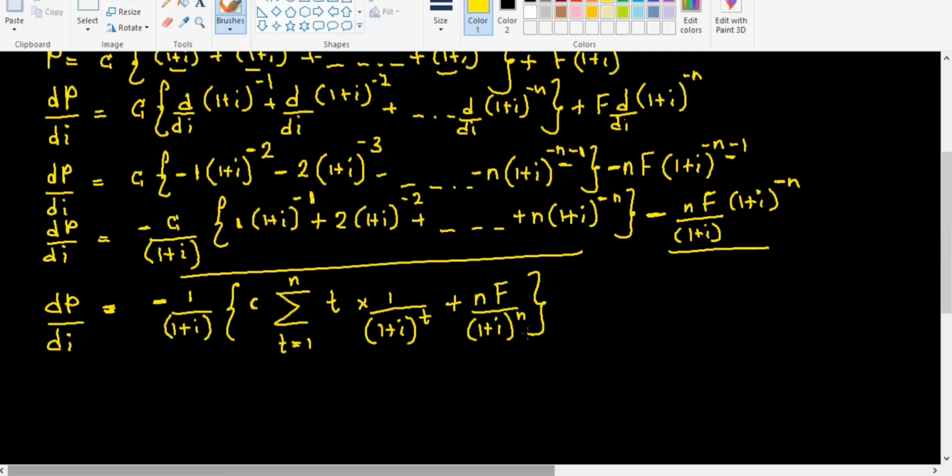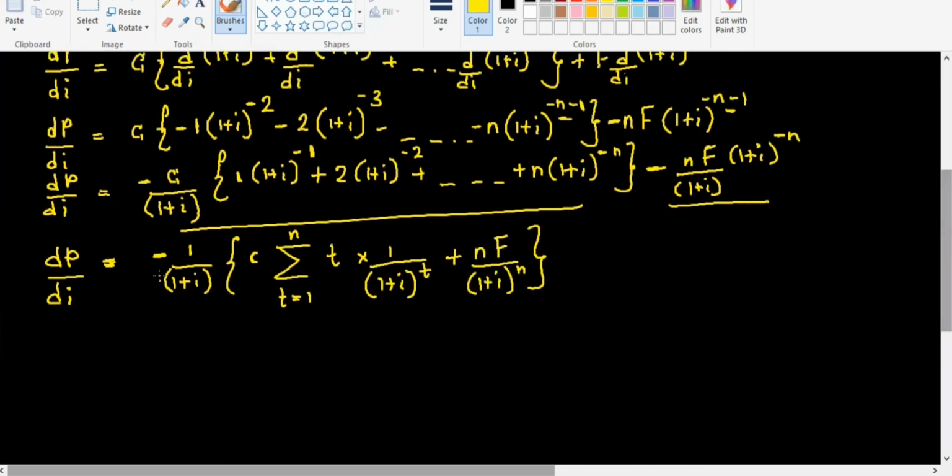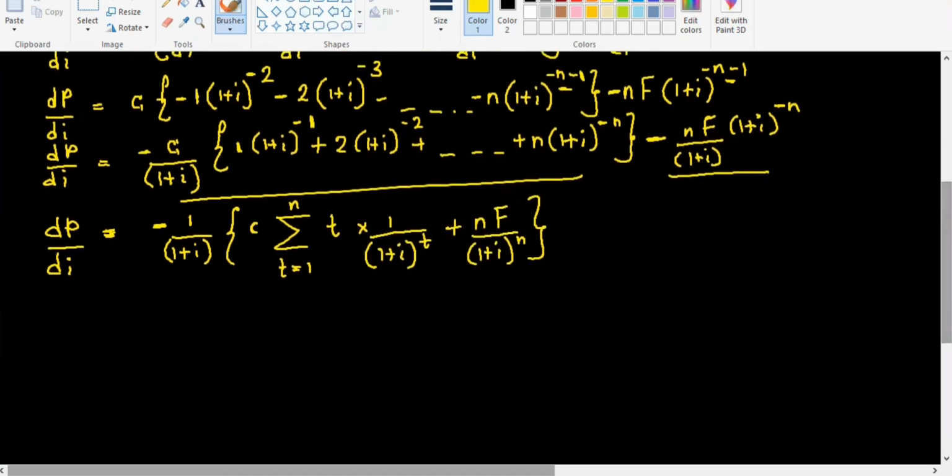We call it modified duration, and as a standard, what we are doing is taking this negative factor away and rewriting this. I will rewrite the exact modified duration formula, so it's like a weighted average.